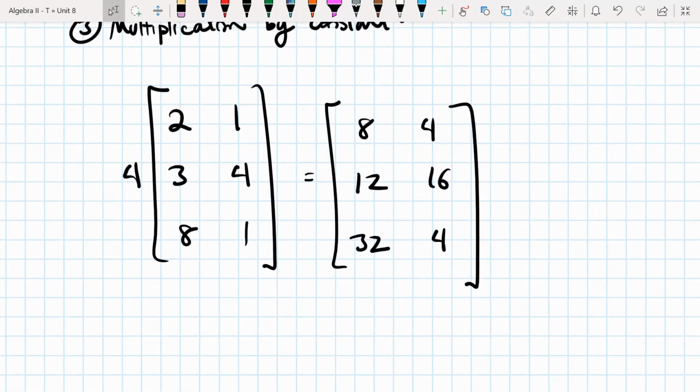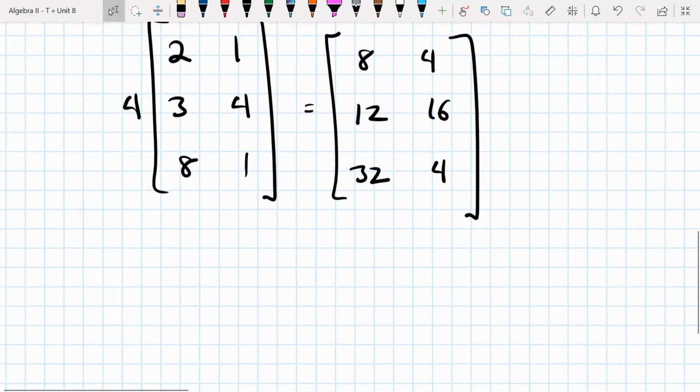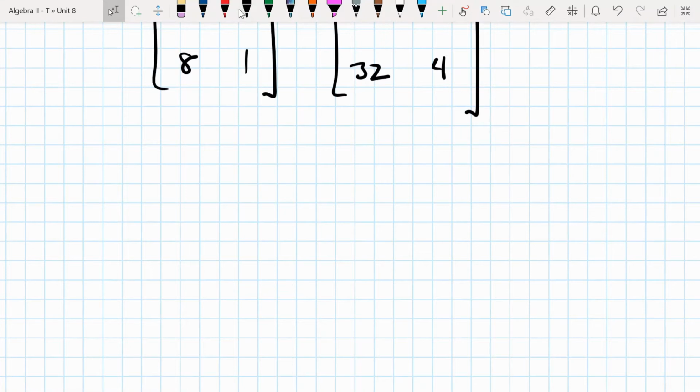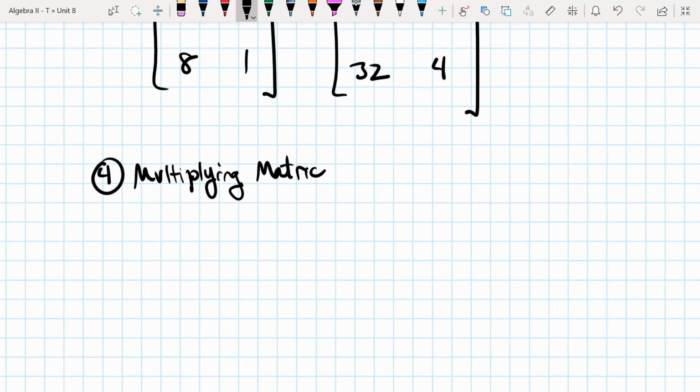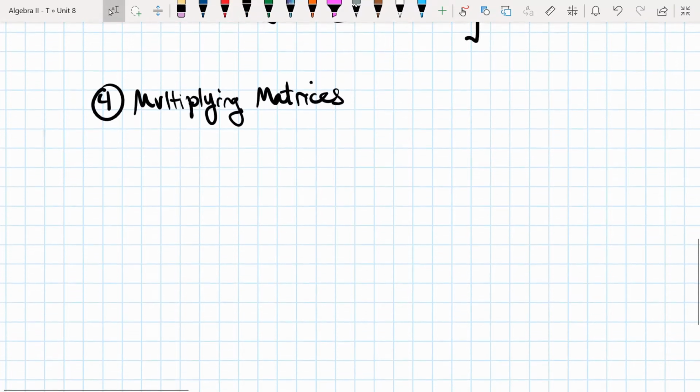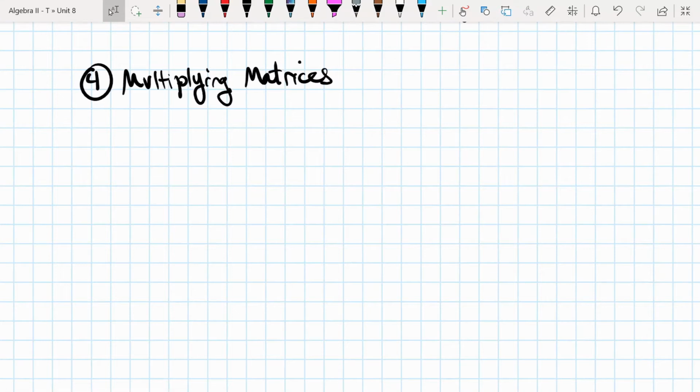Where this gets a little complicated is when we are dealing with multiplication. So general multiplication, multiplying matrices. Okay, so let's say we have the following two matrices. 1, 3, 5, 2, 4, and 6.